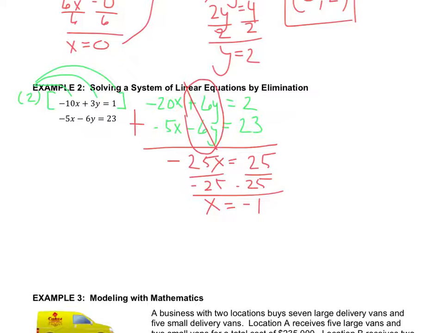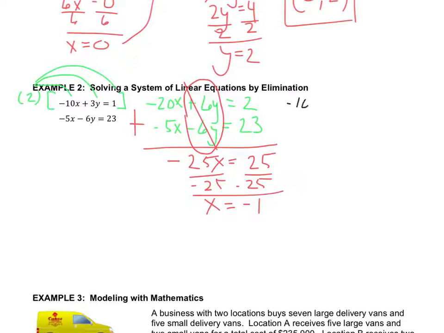When I go to now plug my x in, we do not want to use this equation that we changed. In case I made a mistake and I didn't change something correctly, we always want to go back to one of the original ones. Doesn't matter which one, but always go back to one of the originals. I'm just going to pick the top one.